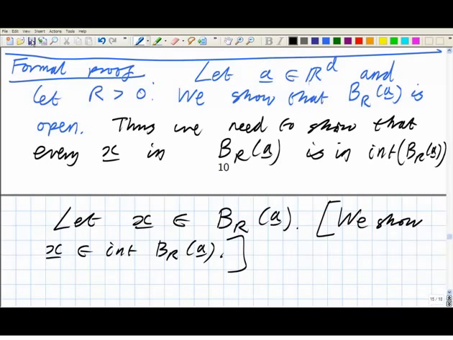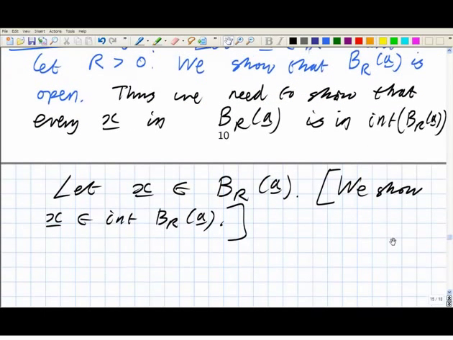This is an optional comment, this one. I've already given you the formula that's going to work, but if you wanted to, you could take something smaller, but little r equals big R minus the norm of x minus A will do.